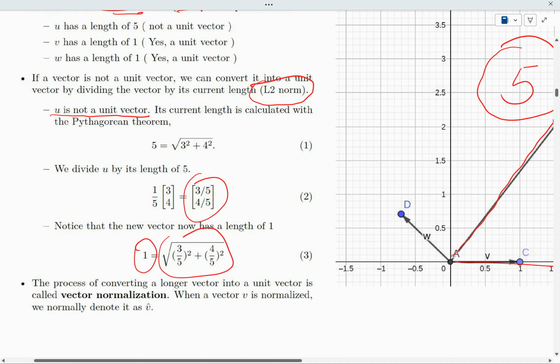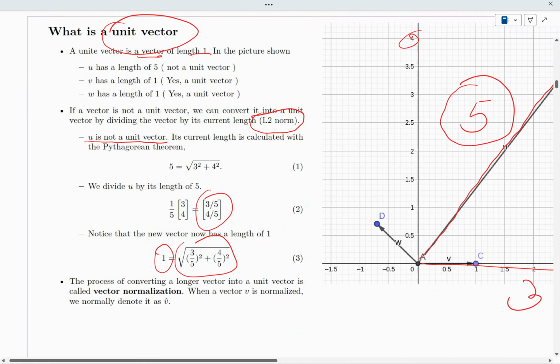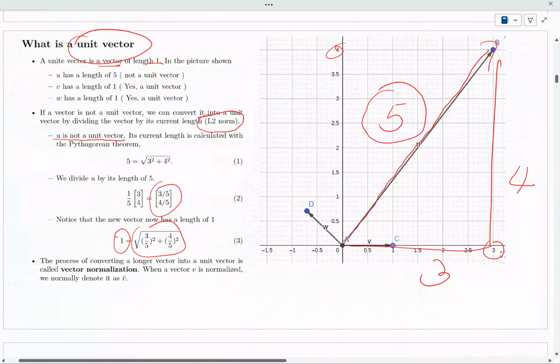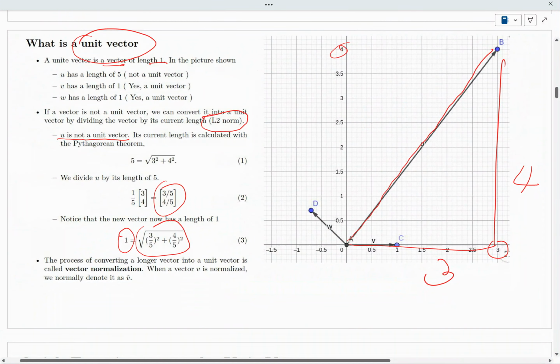Notice now the vector is length 1. So if we have a vector that is not a unit vector, you can always convert it into a unit vector by dividing the vector by its length. Once you divide, the resulting vector is of size 1.